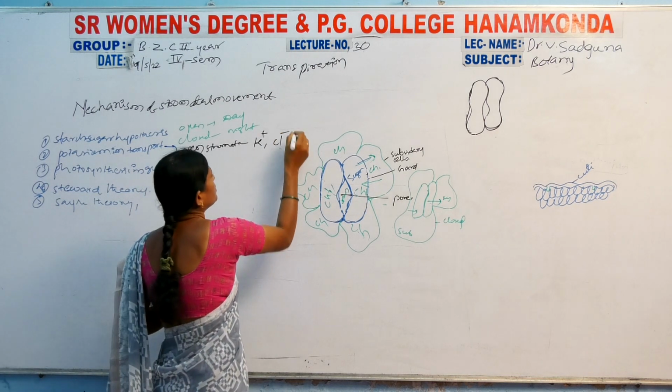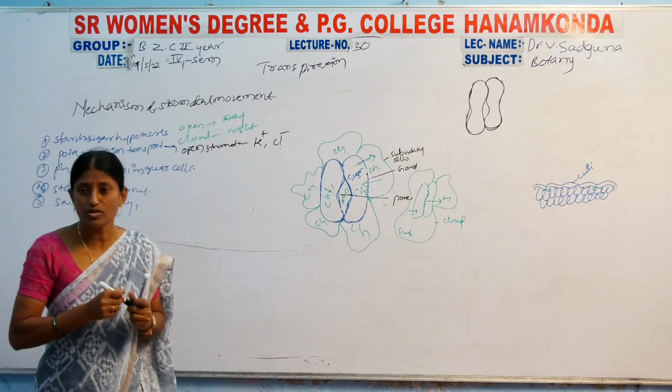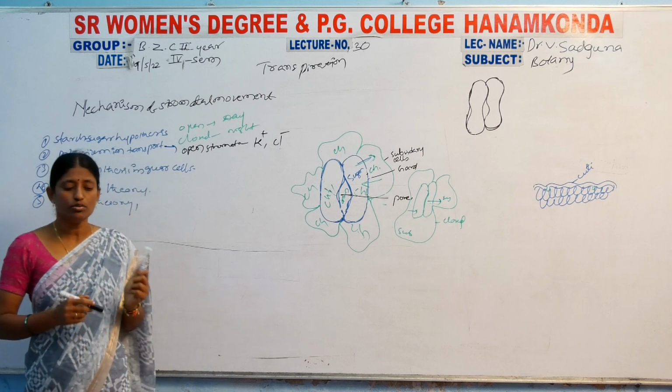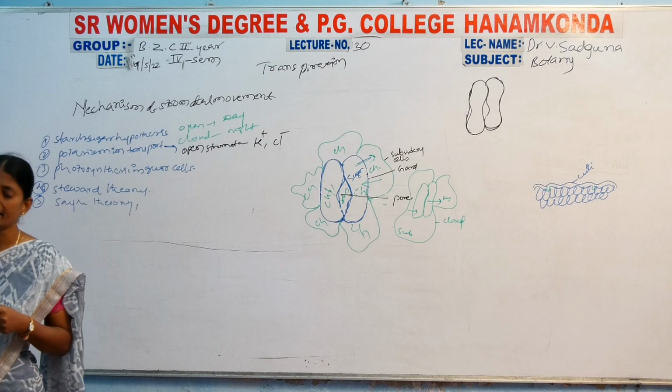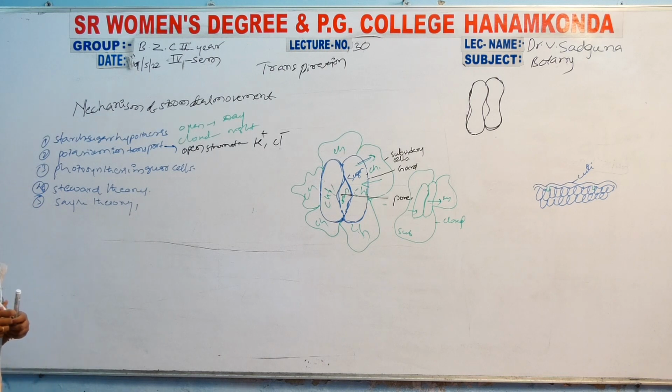Then combination with negative charge. They have the combination with the negative charge. Then the complete malate type of the ions in the guard cells. The stomata has opened. Then the potassium ions enter completely from subsidiary cells to guard cells.